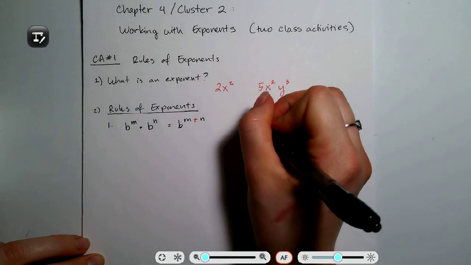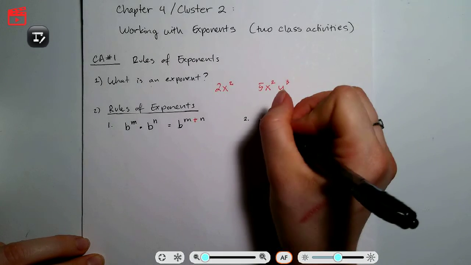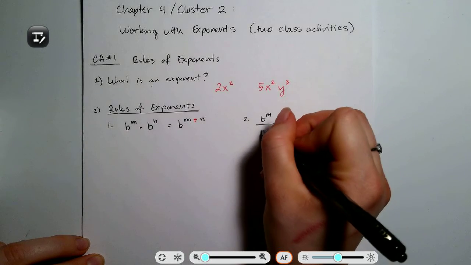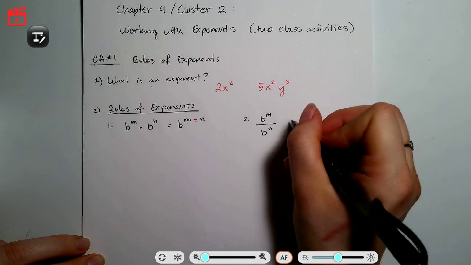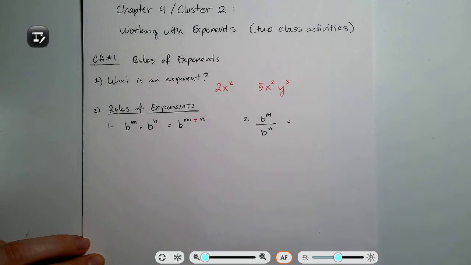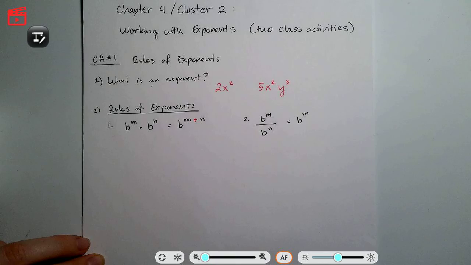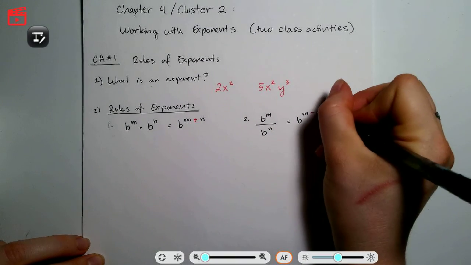The second one. If we have b to the m, and this time divided by the same base b to the n power, what that is going to be is b to the m, and this time you subtract the exponents. And this is important.